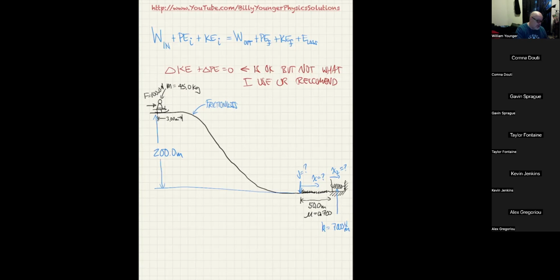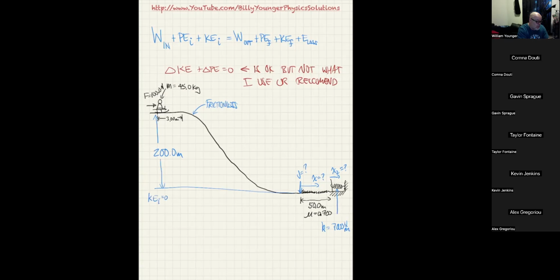So that's what I'm trying to do here. Now, what I know is, since I'm starting to look at it at the instant the father pushes the child from rest, the initial kinetic energy is equal to 0.